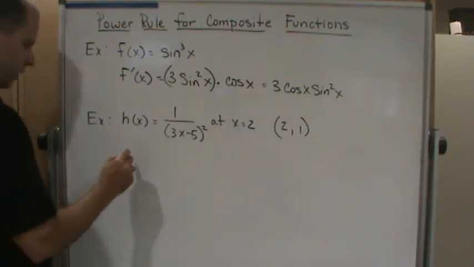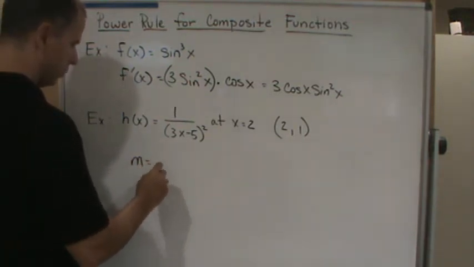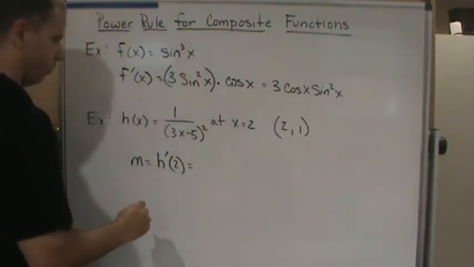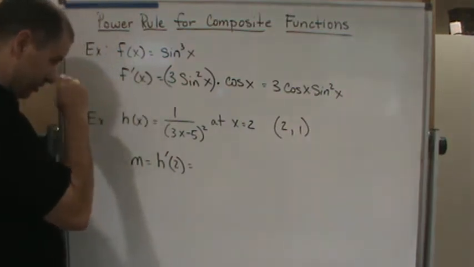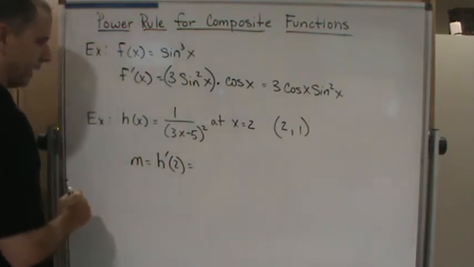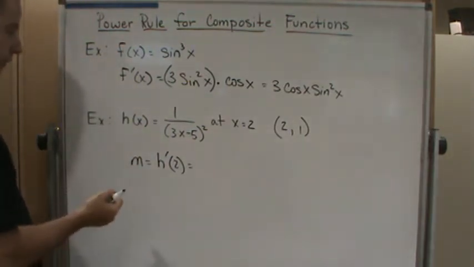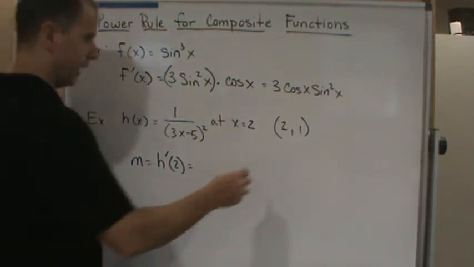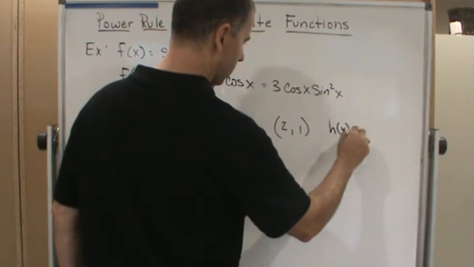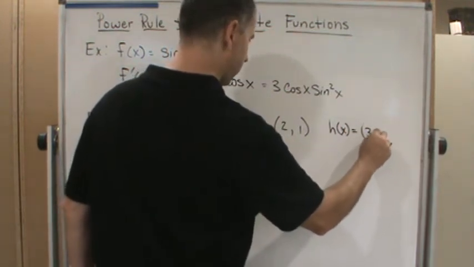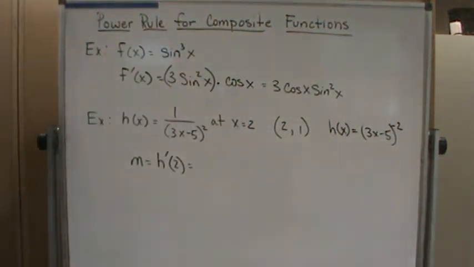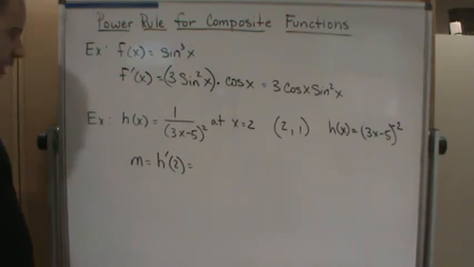We need the slope. So m equals h prime of 2. In this case, I'm going to look at this whole thing as 3x minus 5 to the negative 2 power. So I'm rewriting h of x as 3x minus 5 to the negative 2nd power, so I can use the power rule. Make it easy on yourself.